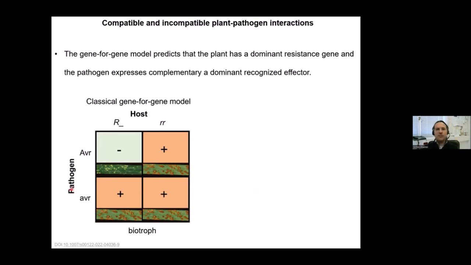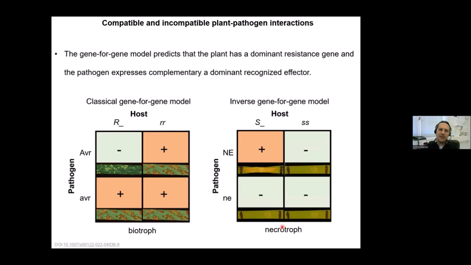But this is only true for biotrophs. In case of necrotrophic pathogens, there is a different strategy. Necrotrophs want to kill. So necrotrophs have factors which are necrotrophic effectors, and these effectors need something on the host side to be active, a susceptibility gene. So here it's basically inverted. That's the inverse gene-for-gene model, where you have an effector which needs a susceptibility gene on the host side to be active.